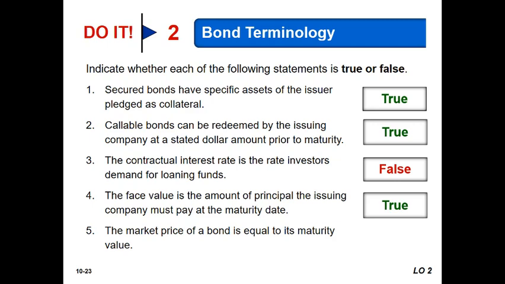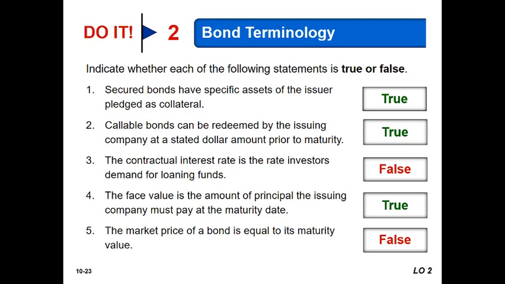This one's a little more tricky because we really haven't talked about it, but you would have seen something about it in your reading. The market price of a bond is equal to its maturity value. That is actually false, because bonds are rated depending upon a credit organization rating.